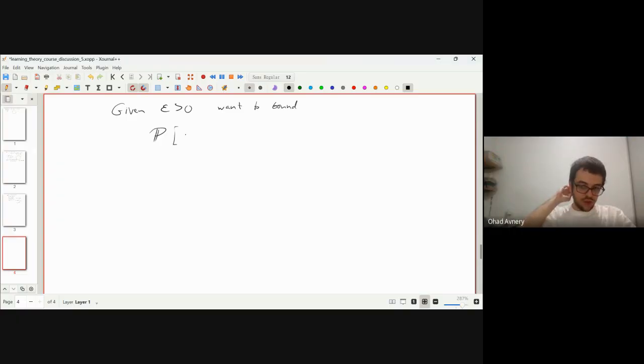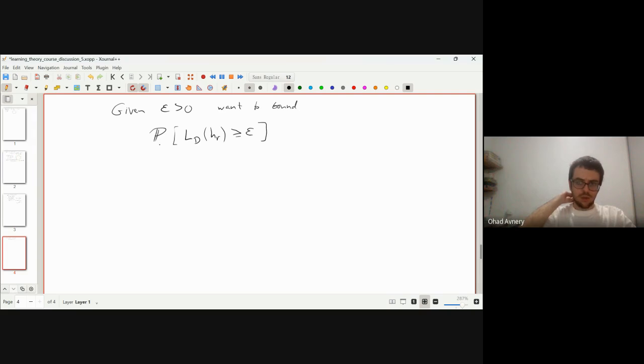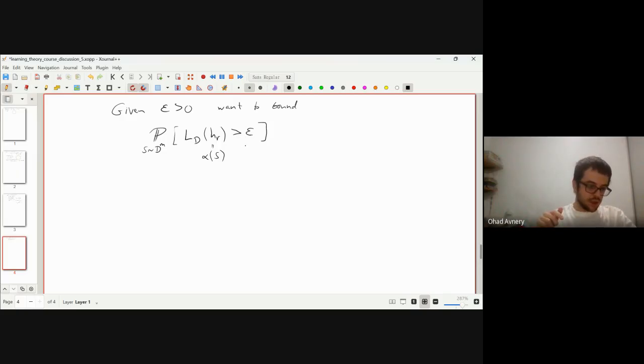This is just substituting the definition of PAC learning, but here the ideal loss is 0 because there is some perfect hypothesis. Technically, we want to bound the probability that the loss is strictly greater than epsilon, because the definition of learning gives us a bound on the less than or equal to, and then we change the direction.